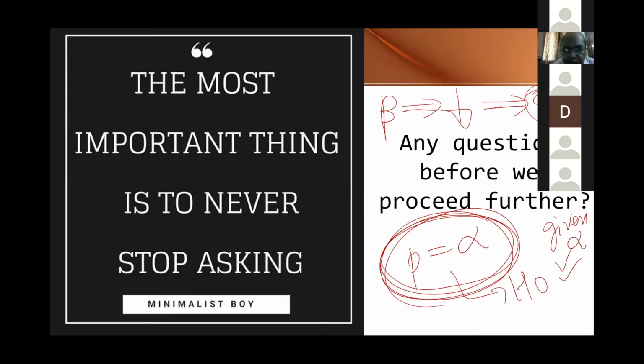Okay, there is a request: how do we understand the probability value? Friends, you must understand something. There is a threshold that distinguishes the difference between random behavior and significant.